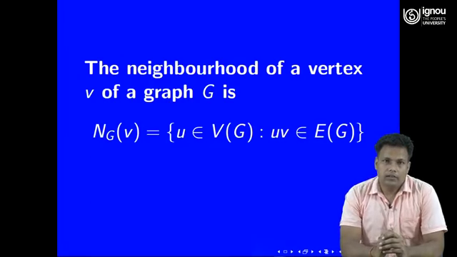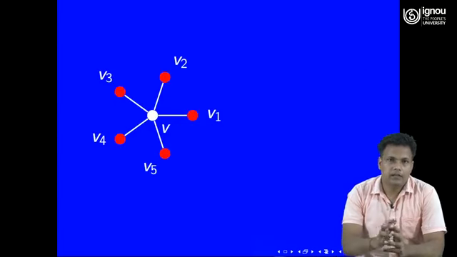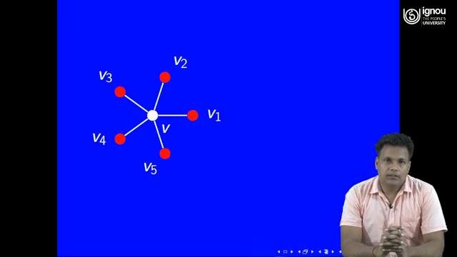The neighborhood of a vertex V of a graph G is the set of all those vertices which are adjacent to V. That is, all the neighbors of V is called the neighborhood of V. For example, in this graph, you can see that vertex V is adjacent to all the vertices which are colored red.